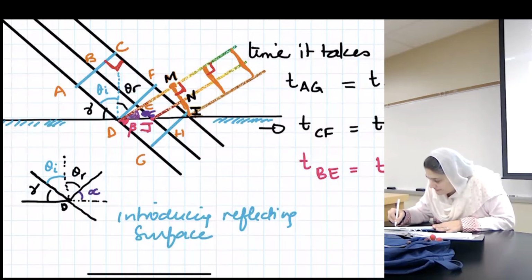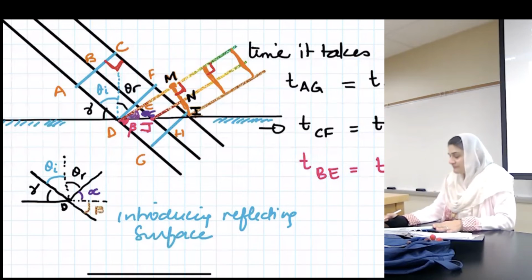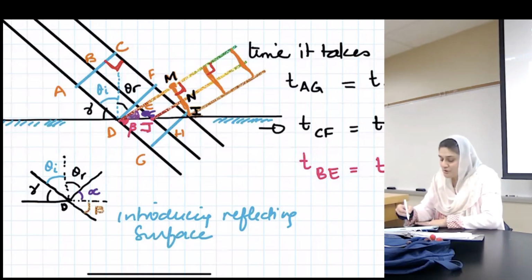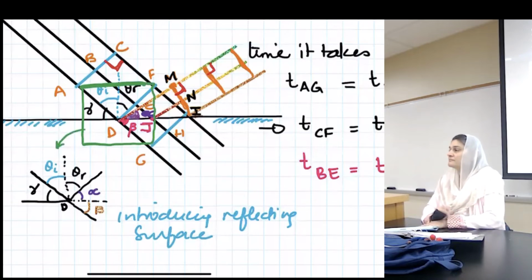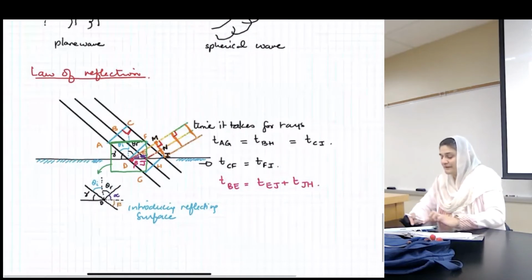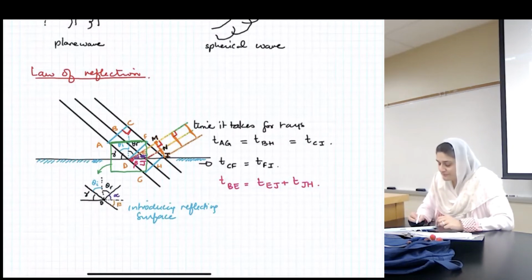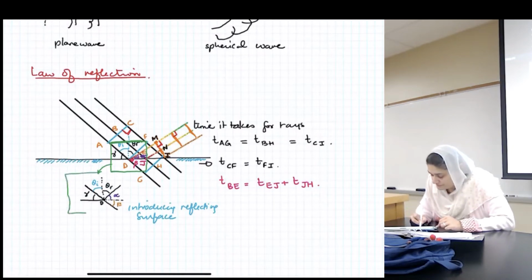And this angle that I've just drawn, I've called beta. Okay, zooming out. So I've just drawn the one in the green here.